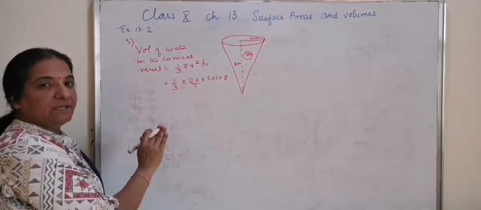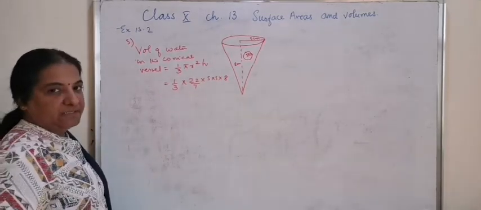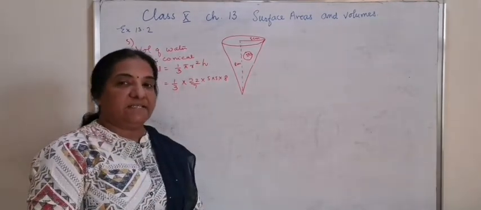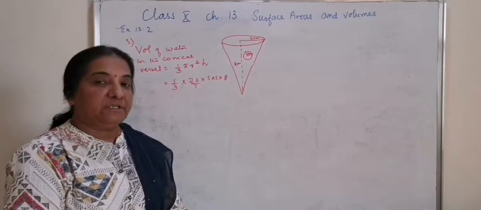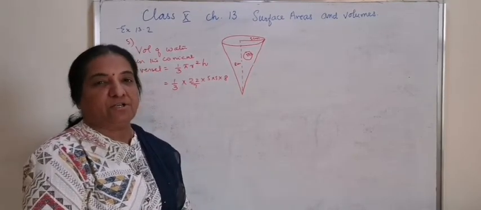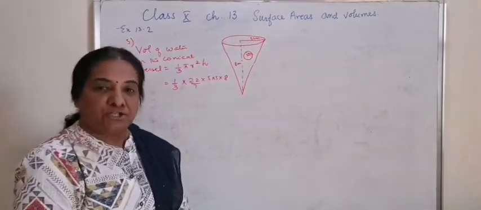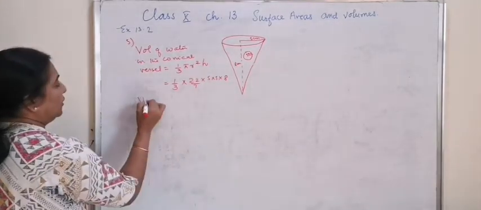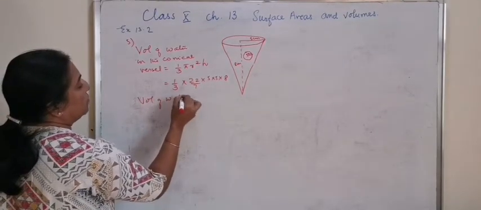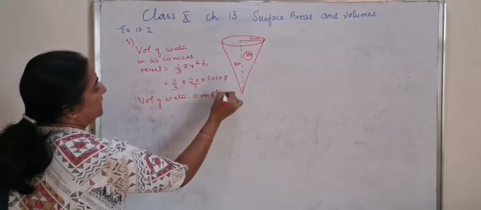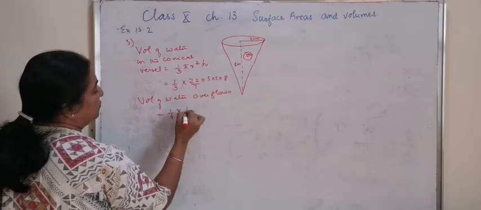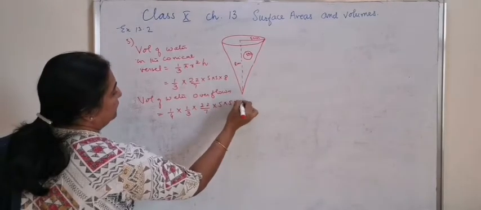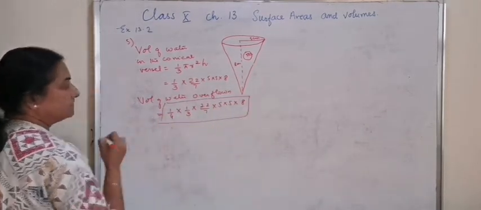Let's not calculate because further steps have to be taken. This is the volume of the water in the conical vessel, and the question says that 1/4 of the water is overflowing because of the volume of the spherical shots. Let's find out the volume of the water overflown. Volume of water overflown is equal to 1/4, 1/3, 22/7 into 5 into 5 into 8.